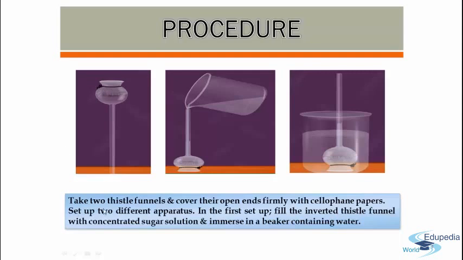Then we have to set up 2 different apparatus. In the first setup, we have to fill the inverted thistle funnel, as you can see in this image, with concentrated sugar solution. And then we have to immerse this thistle funnel containing concentrated sugar solution into the beaker containing water.